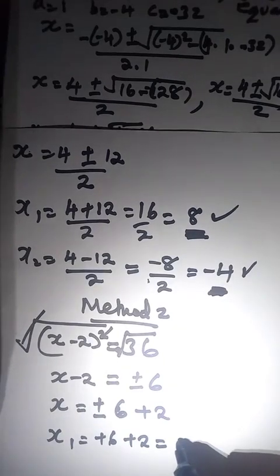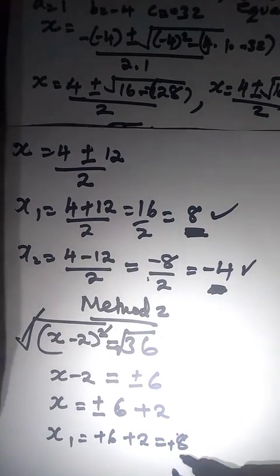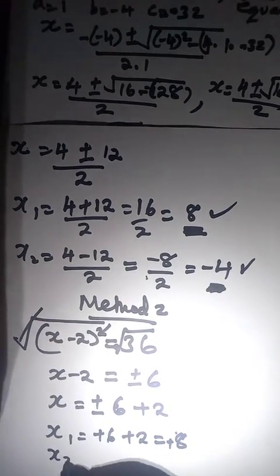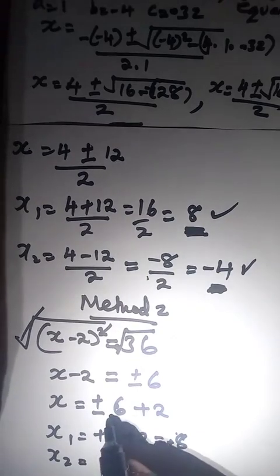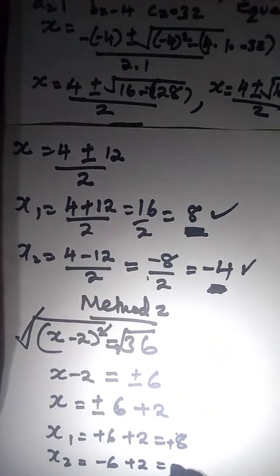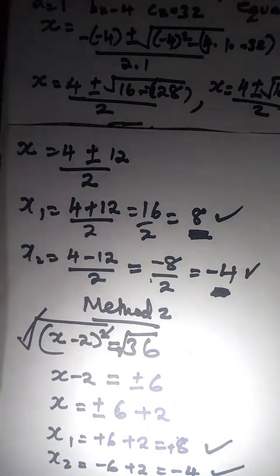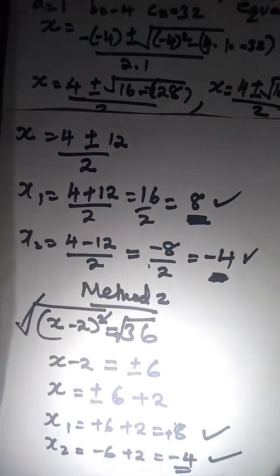You're able to see that, of course, it is giving me 8. The second value of x, I'm going to use the negative sign. So when you take negative 6 plus 2, you're getting negative 4 as the second value for x.